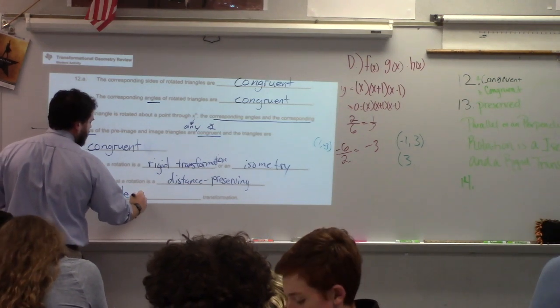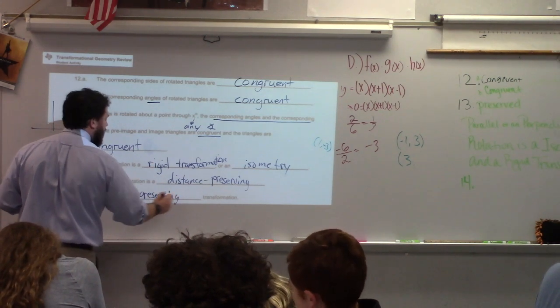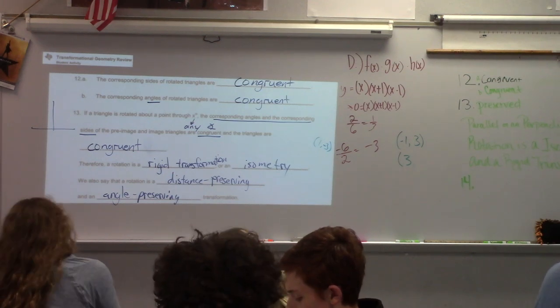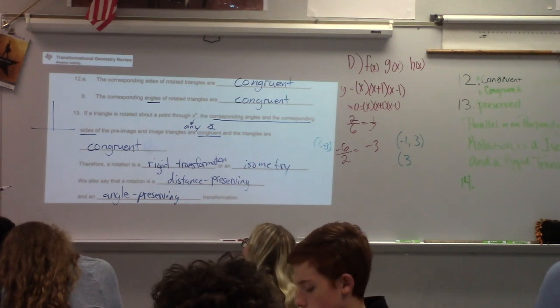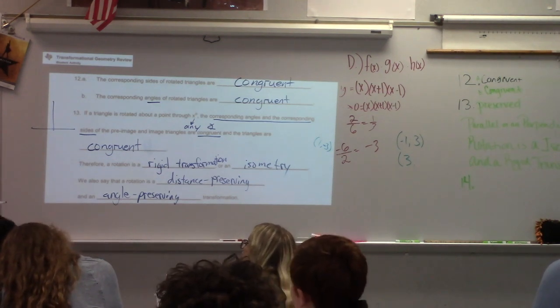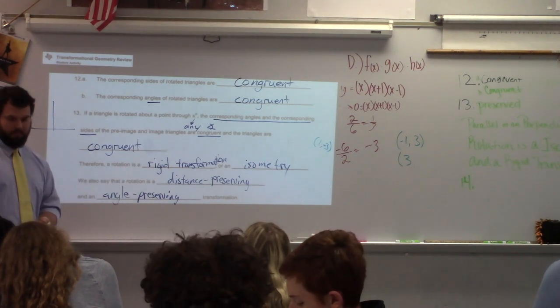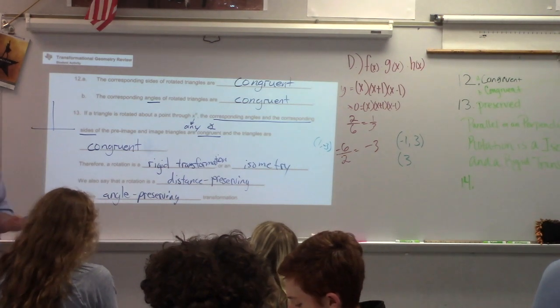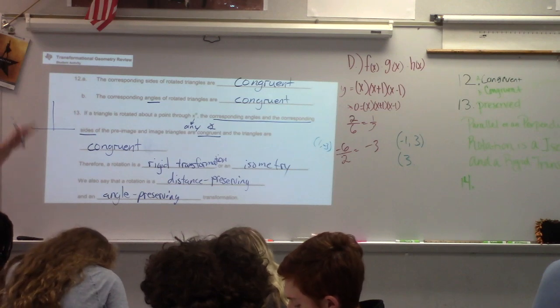So angle preserving. Remember we said earlier, and that's where Emily got the area, we've said this whole time that the side lengths are preserved, the angles are preserved, and the area is preserved. So you say distance, remember distance is just the length of those sides. Does that answer your question? So we've just always said side length, but that's the distance. Okay? I want to point this out.